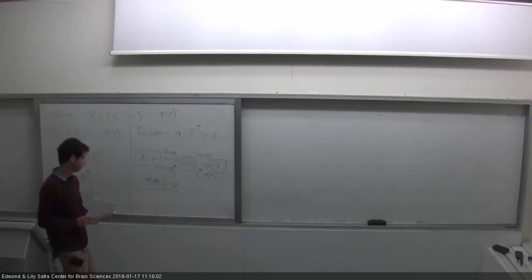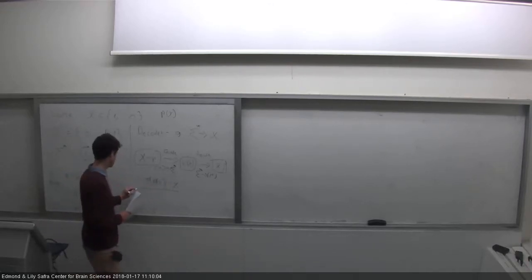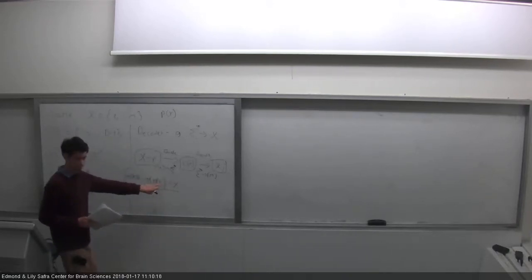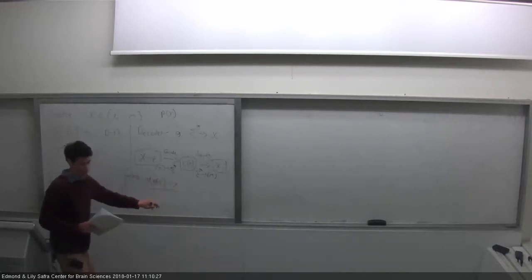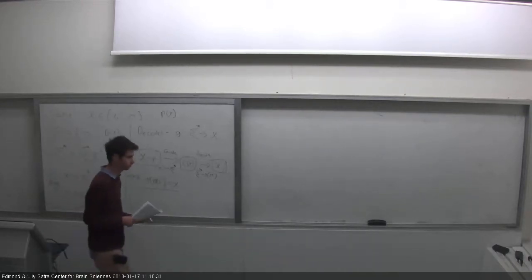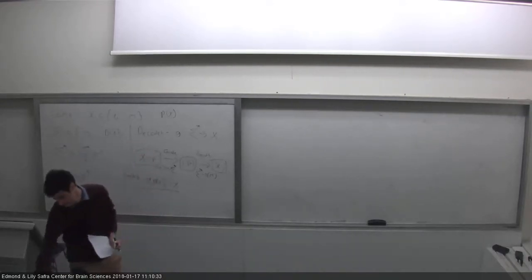This is the definition of lossless: for any x that we take, if we encode it to something and then we decode it, we will get again exactly x. Okay? Good.